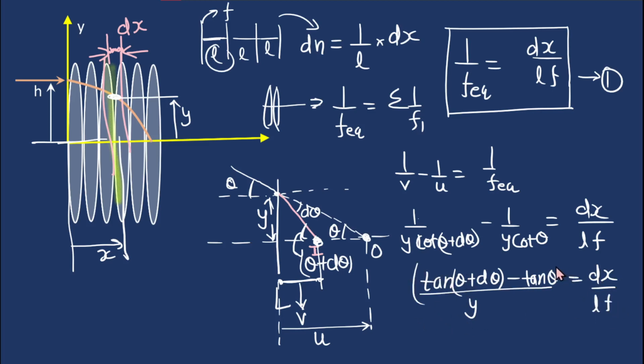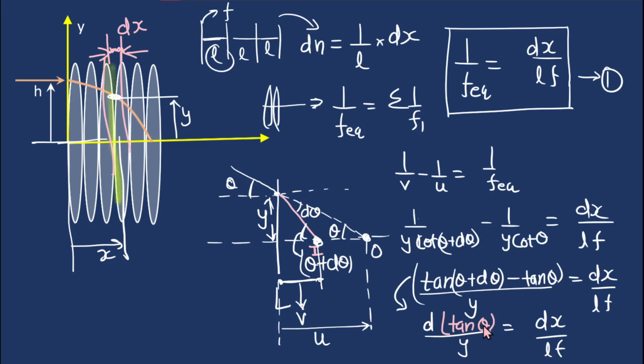Now this part here, this part in the numerator is nothing but a differential of tan theta, right? So this whole term can be written as d of, or the change, d is nothing but the change, a small change in what value? Tan theta, right? So this can be written as d of tan theta, divided by y, of course, is equal to dx by L times f, right?